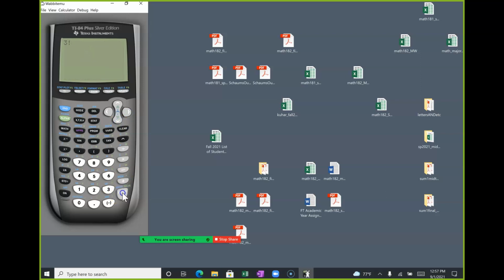So I've got 3 factorial. There it is, 6. 3 times 2 times 1. Again, 4, math, over to the probability functions, down to exclamation point, and 4 factorial is 4 times 3 times 2 times 1, 24. Nice. Thank you. Yep, you got it.